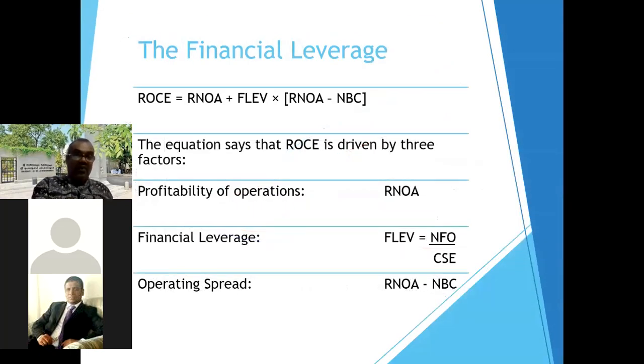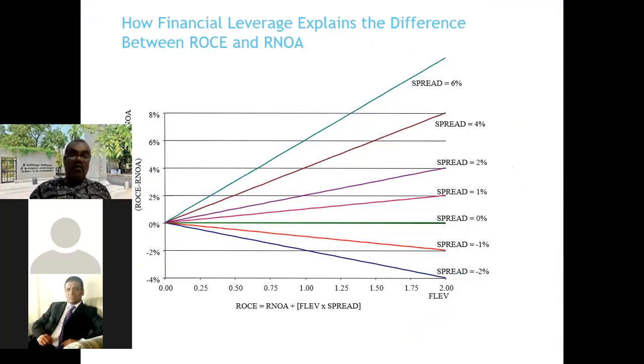Here RNOA is equivalent to ROCE, meaning the other component is 0. If the other component is 0, of course, spread is 0. So by starting from that point, we introduce different spreads. The green line is a situation exactly equivalent to a spread of 0.